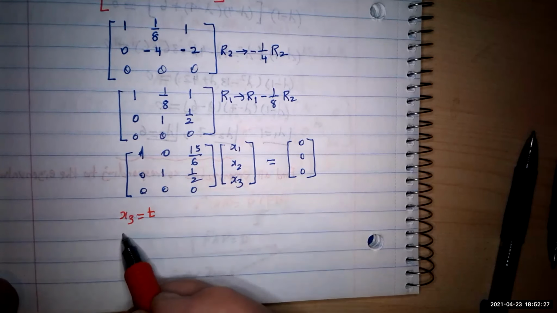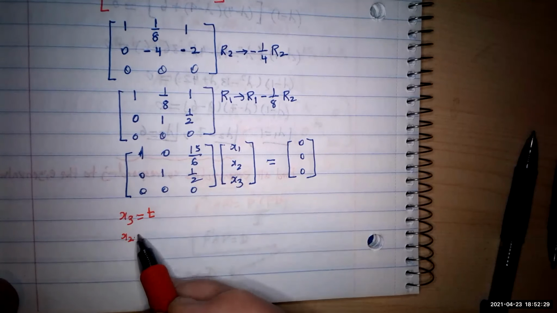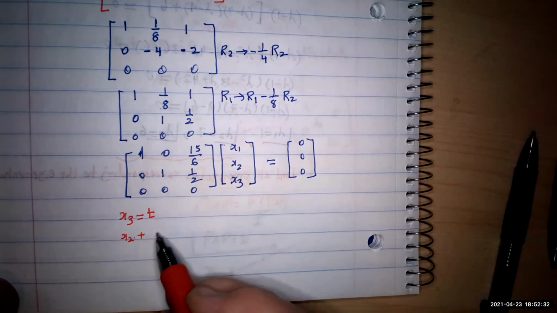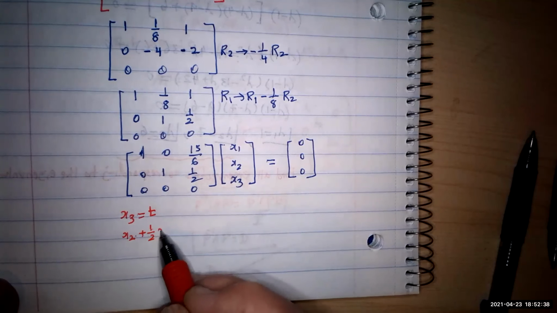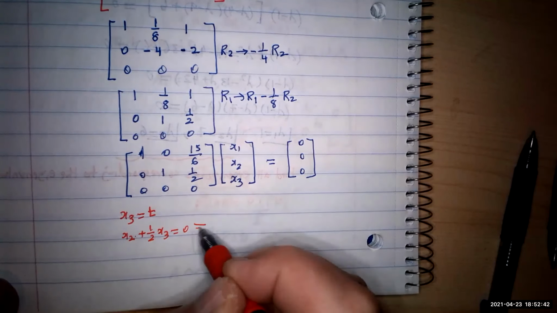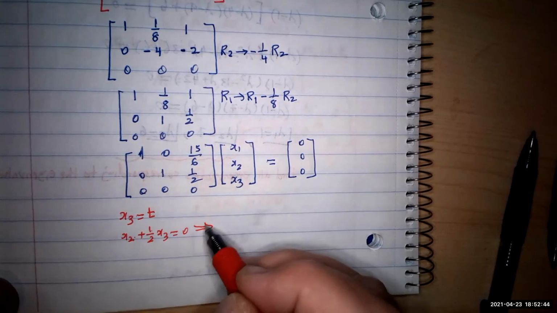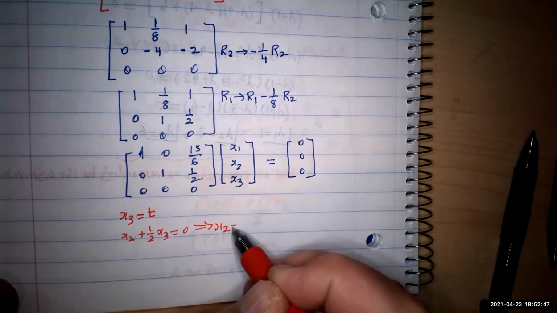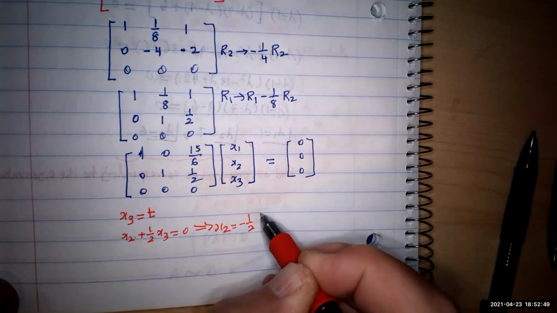Okay, so what we have? We have x2 plus 1 half of x3 equal to 0. So from here, x3 is t, so x2 would be negative 1 half of t.